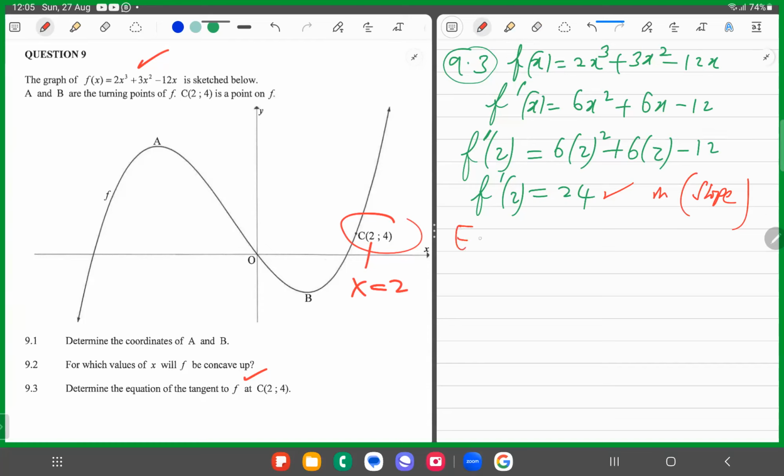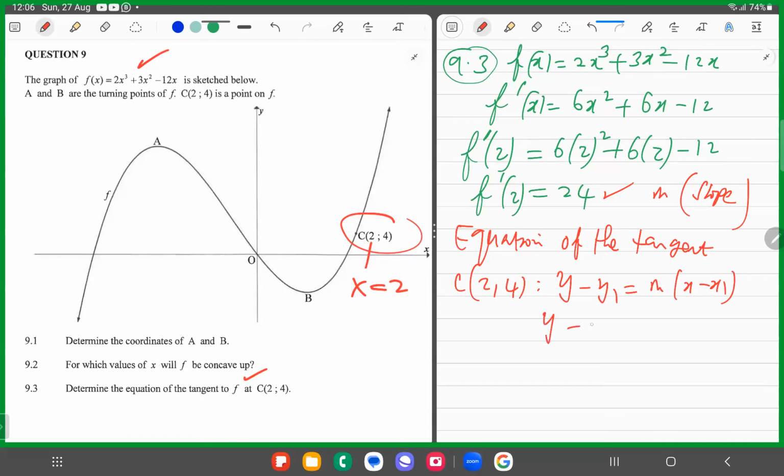Equation of the tangent, which means at c with coordinates 2, 4, y minus y1, y equals minus 48 plus 4, minus 44.